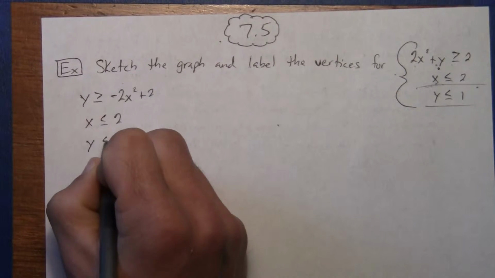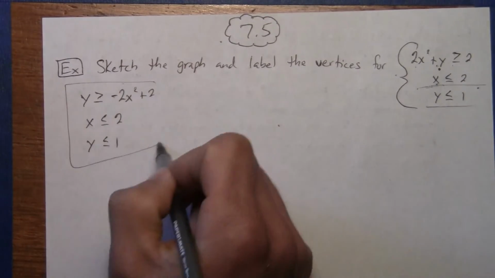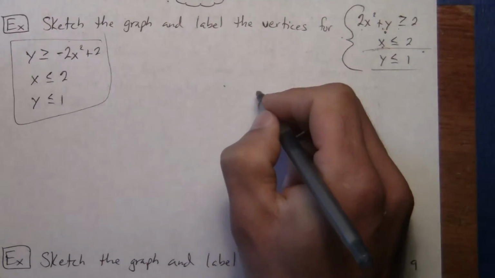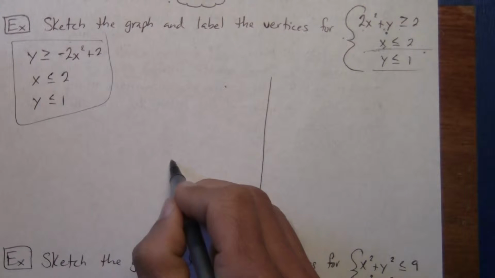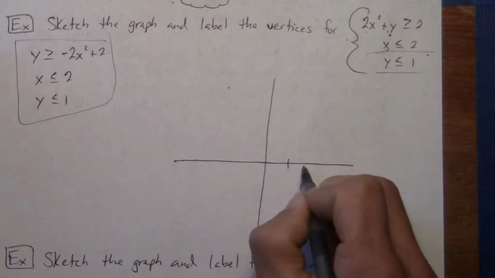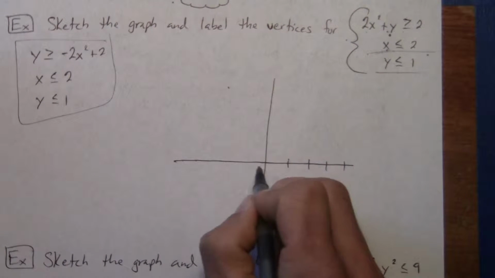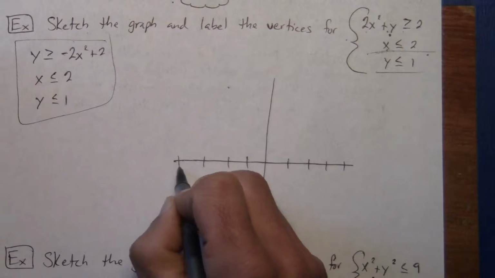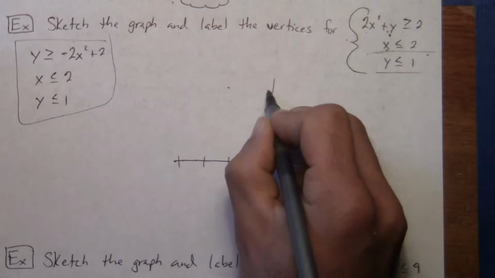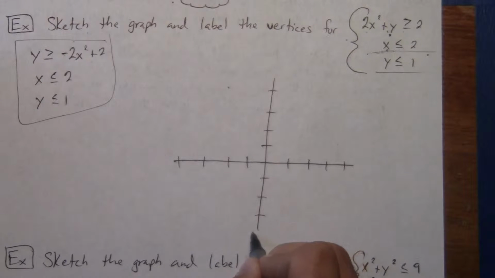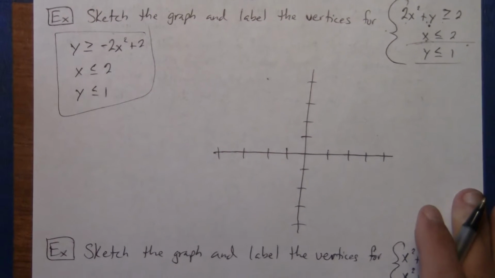And the third one already has y isolated, so those are the inequalities that I want to graph. So I'm going to go ahead and give myself a graph here. And we're just sketching it by hand, so don't feel the need to have this look exact.